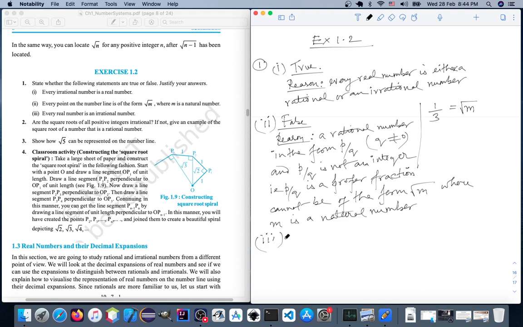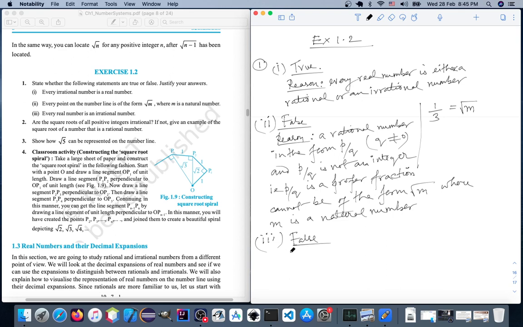Let's see what is number 3. Every real number is an irrational number. No, this is false. The collection of real numbers is the collection of rational numbers and irrational numbers.